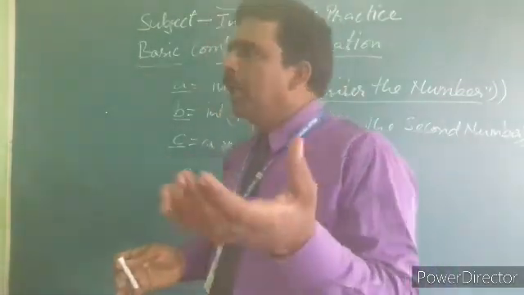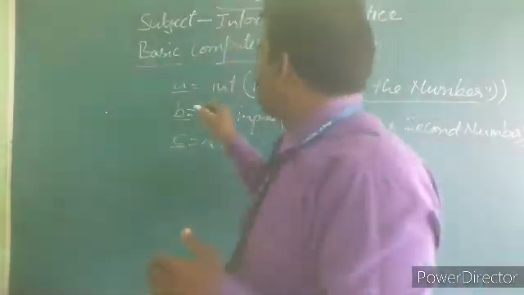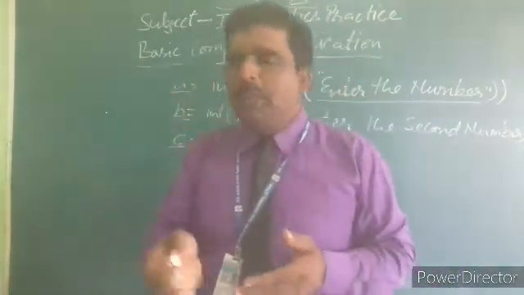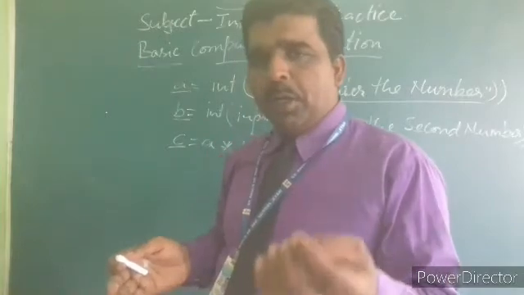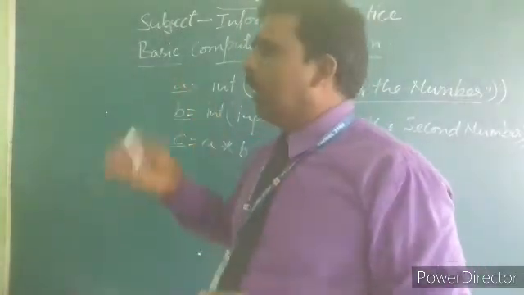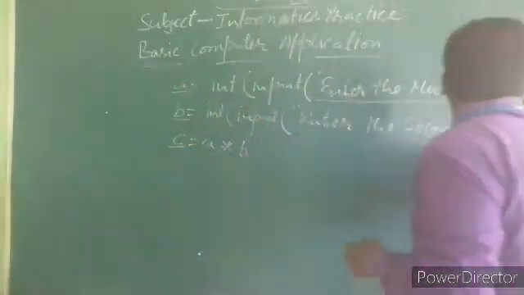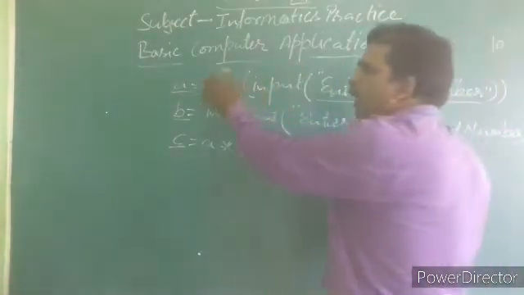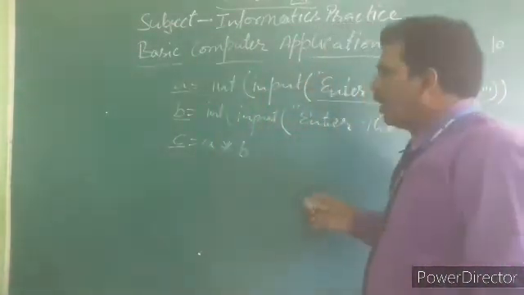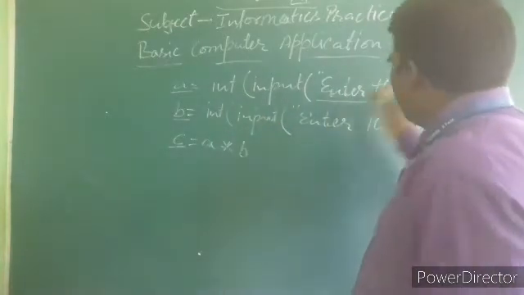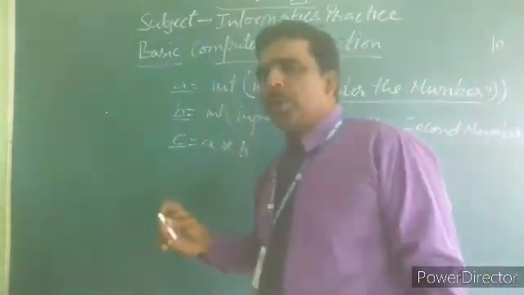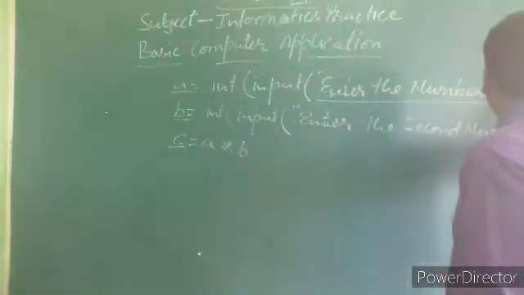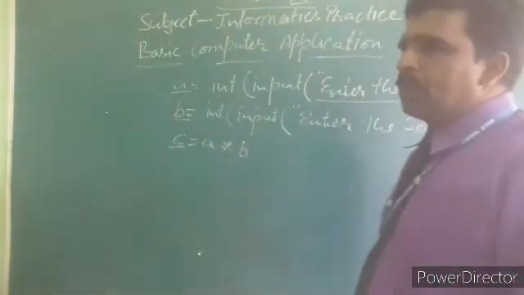For example, in one bag you keep a value, say 10. So if you take 10 as the first value, it will be stored in the first bag. After that, if you take another value, it will be stored in B. Maybe the second value is 5.